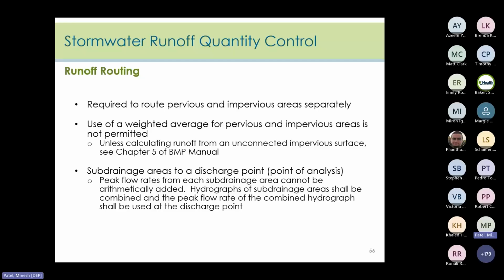Now, and this is important, you cannot simply arithmetically add the peak flow rates of all the sub-drainage areas to get the combined peak flow rate because of timing, since the peak flow rate happens at different times for each sub-drainage area. So in the hydrology software, all sub-drainage areas need to be routed to the appropriate point of analysis for a single combined hydrograph.